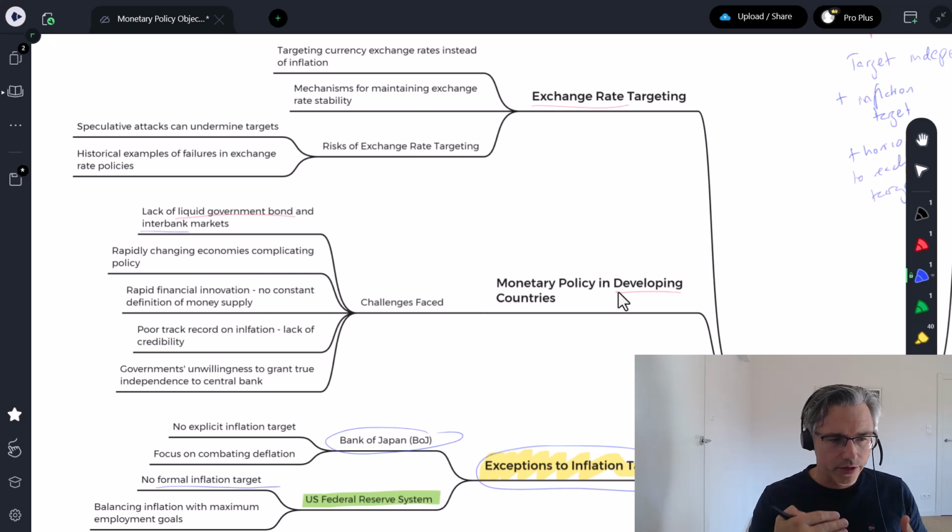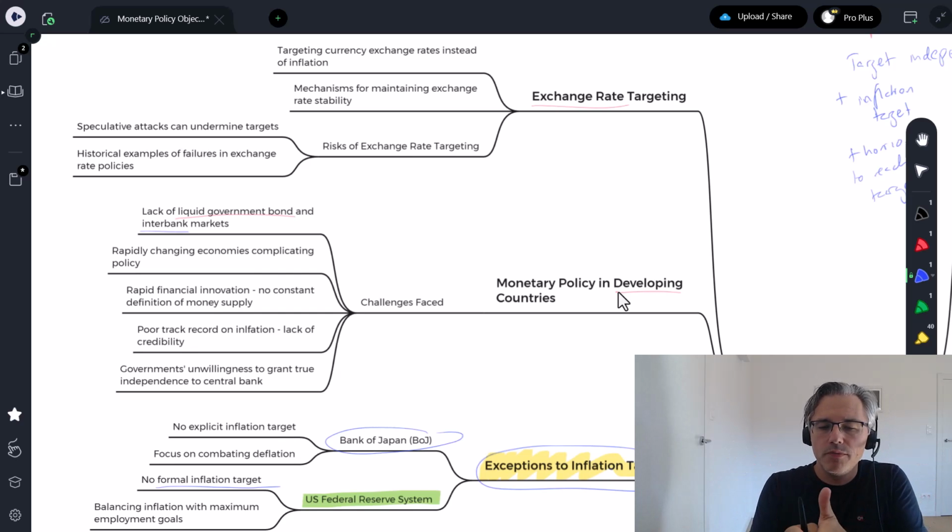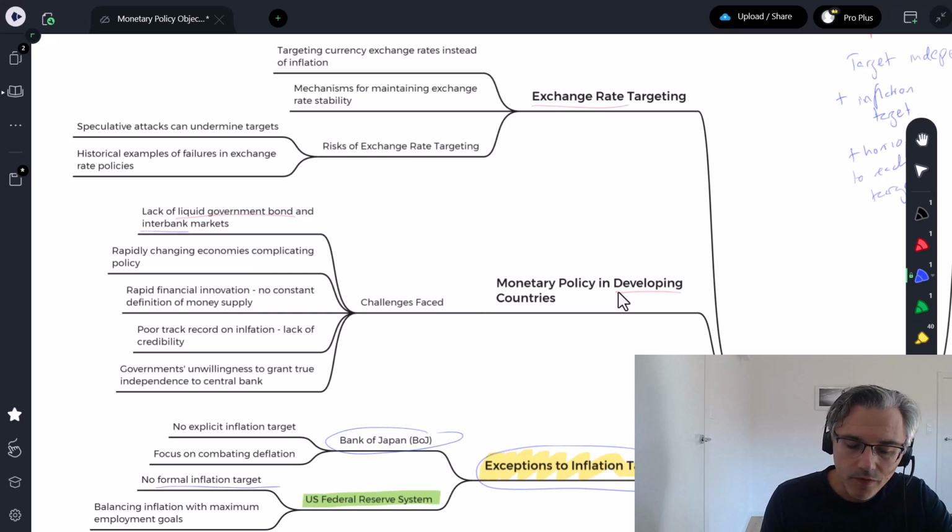An interbank market is where banks borrow money from one another, and very often the first place where you see monetary policy decisions transmitting to the economy is via the interbank market. So if you don't have that, it's going to be more difficult for monetary policy to be effective.